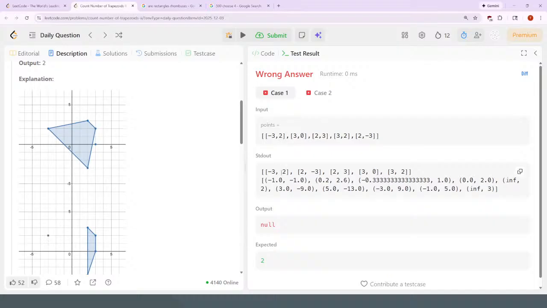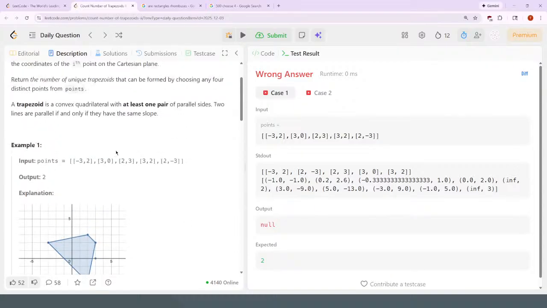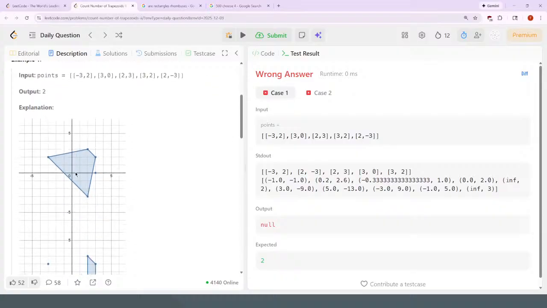Right, so from here to here, the slope is -1. I guess it's already sorted. That's fine. -3. No, it's not already sorted. Guess I can try to visualize this. -3 to 3 is this one.